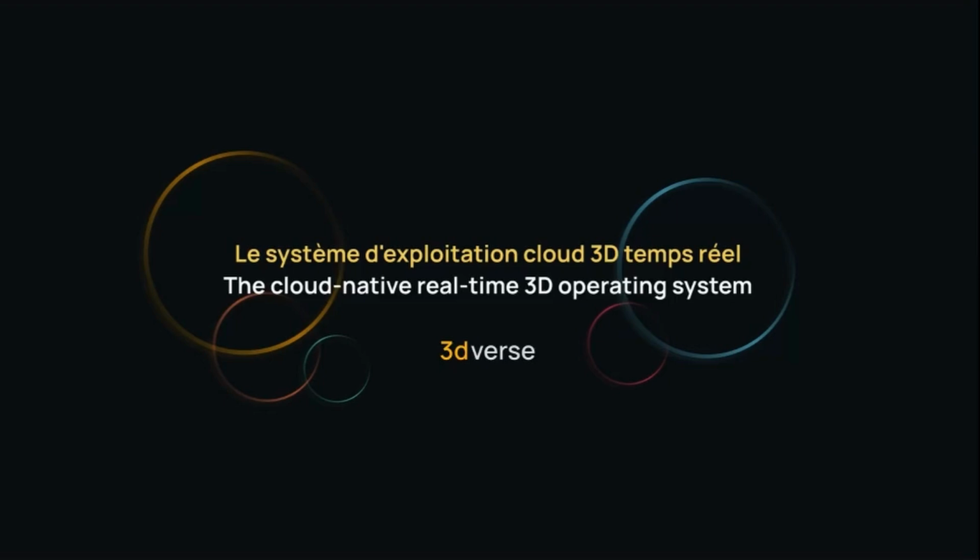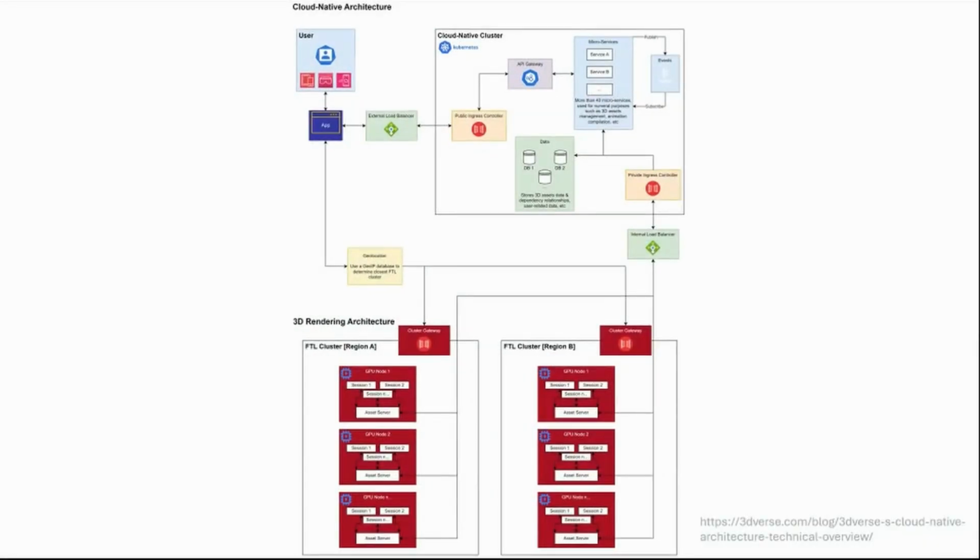So now that you hopefully have a better overview of what we're talking about, let's get dirty and go inside the belly of the beast. This is a very high level overview of the architecture of the whole platform.